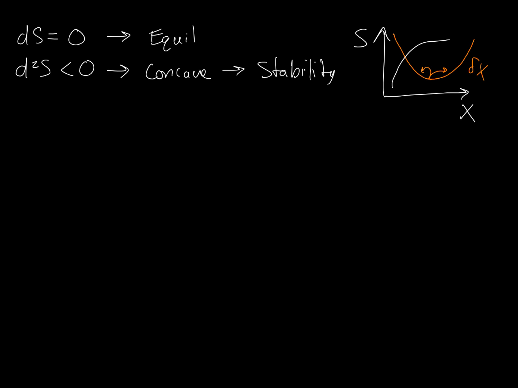So we could take the same approach as what we did before, applying ds equal to 0 to the d squared s. I'm not going to do it. I'm just going to start the process to show you how it's done, because it is exceptionally unruly. So if we take ds1, using the same system that we had before, it is equal to ds1 du1 at constant n and v.